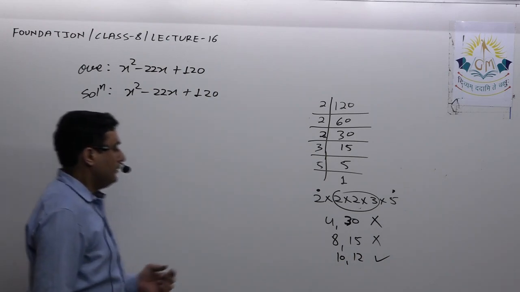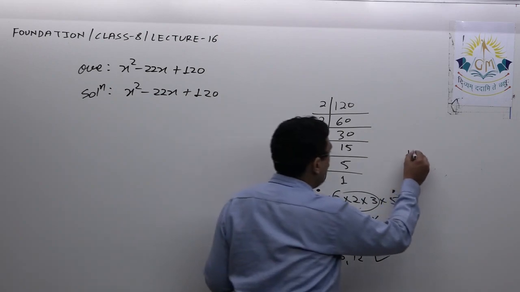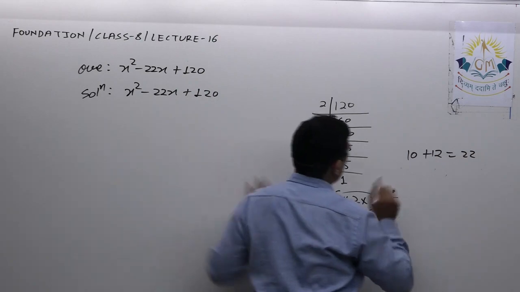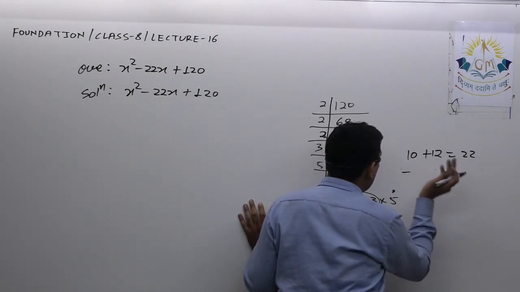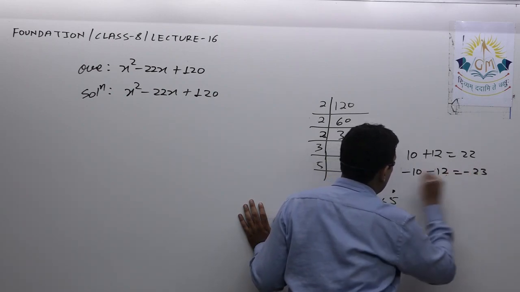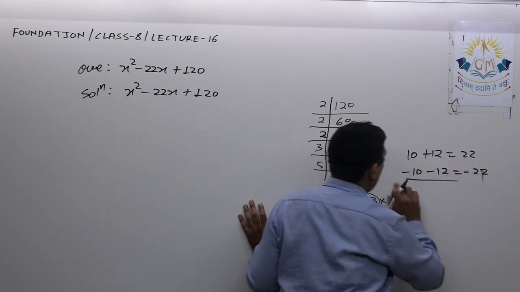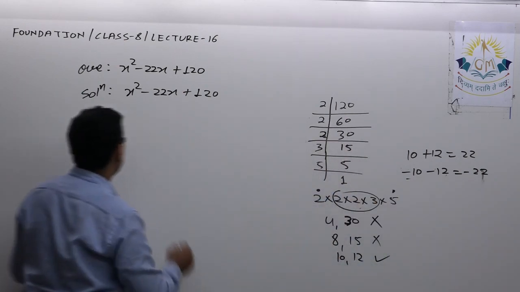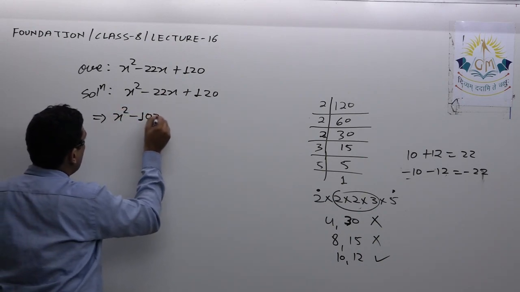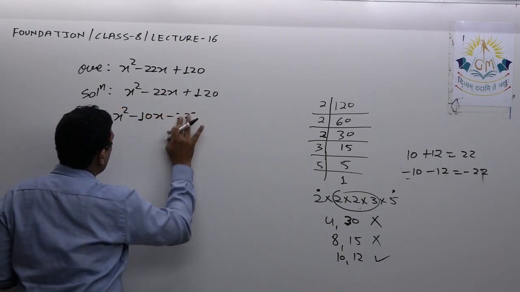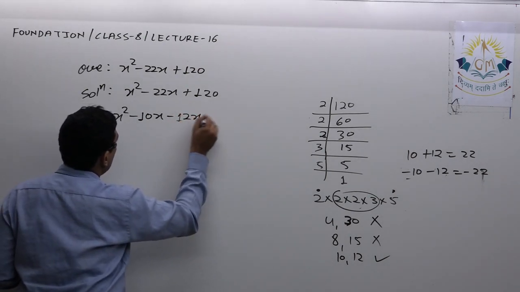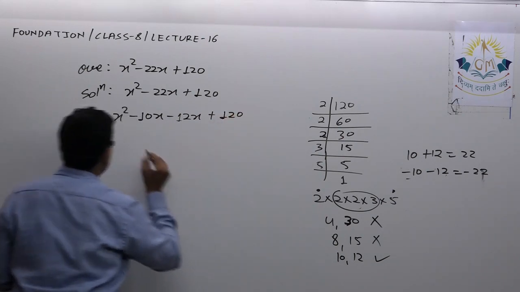Now we'll see. I said that 10 plus 12 is equal to 22, definitely. But what I need is minus 22. That means add, but with a negative sign. So I will take minus 10 and minus 12. So here I write x square minus 10x minus 12x plus 120.